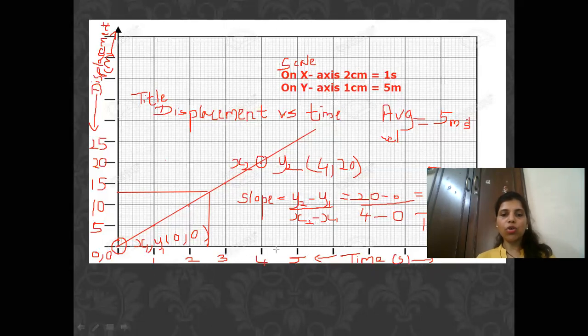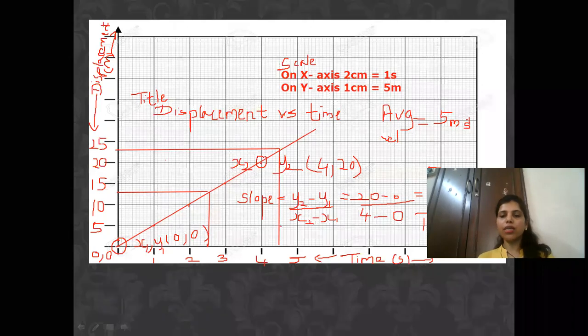So I'll just draw after 4.5 also. So it goes straight like this from 4.5, and then from here straight wherever it is going to meet. So you can see it is a midpoint of this. So between 20 and 25, it will be 22.5. So I'll just write the reading for you.